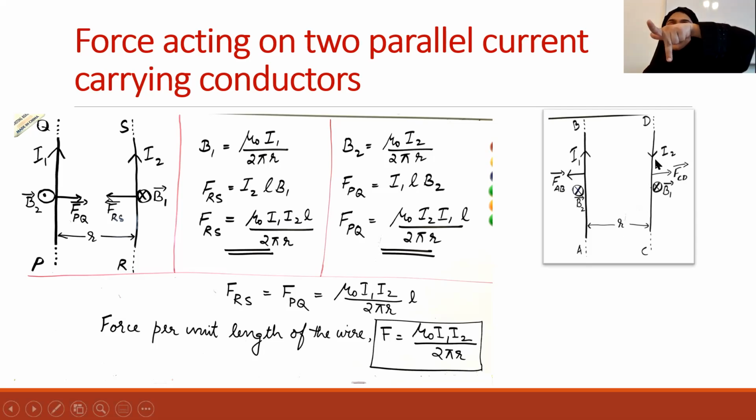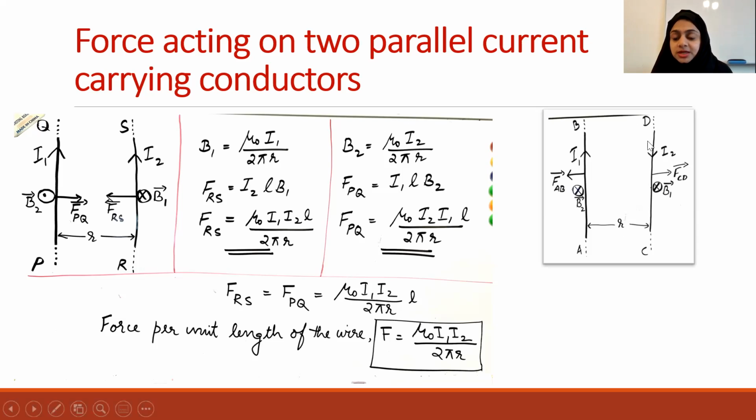So naturally, my left hand thumb is pointing in this direction towards the left. So the force FCD, that is the force experienced by wire CD, is towards the left. Here we have used both the right hand thumb rule and the Fleming's left hand rule.